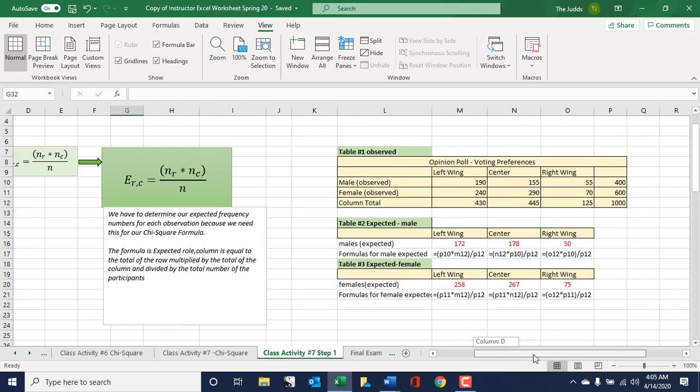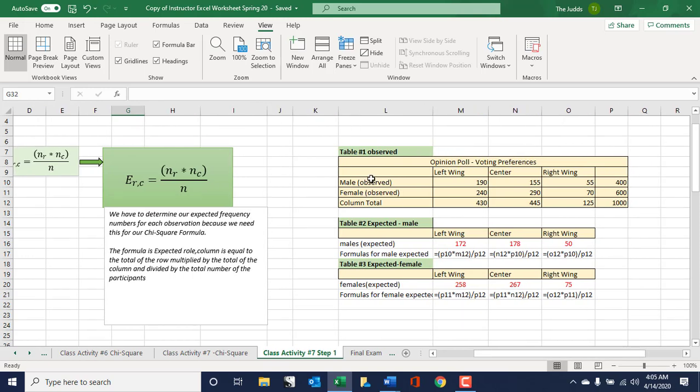So let me take you through this over here. I've given you the example. Here is our observed information. Table 2 is our expected male. Right where it says left wing, I have taken the number in the column.